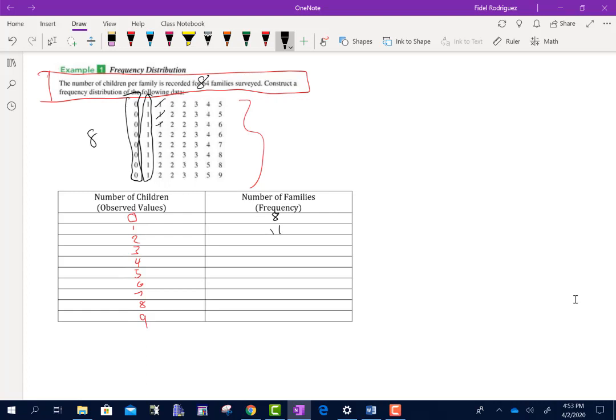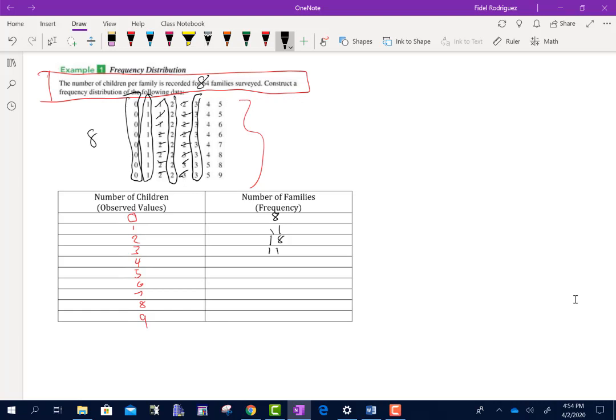If I count the number of twos, let's see, here I already have 8, then 9, 10, 11, 12, 13, 14, 15, 16, 17, 18. There's 18 twos. If I count the number of threes, there are 8 threes right there, then 9, 10, 11. So there's 11 threes.